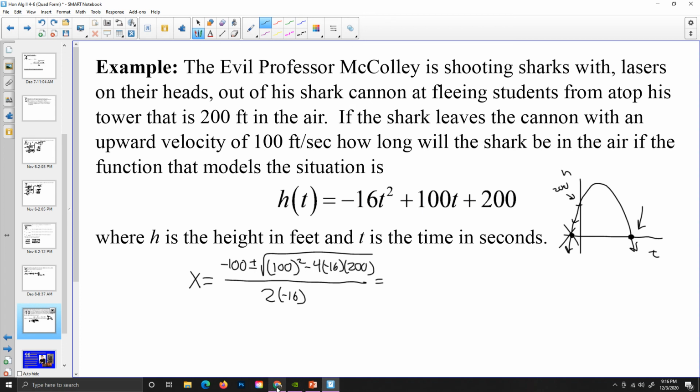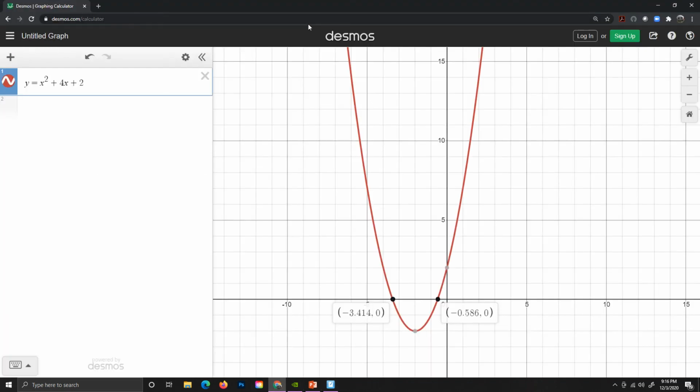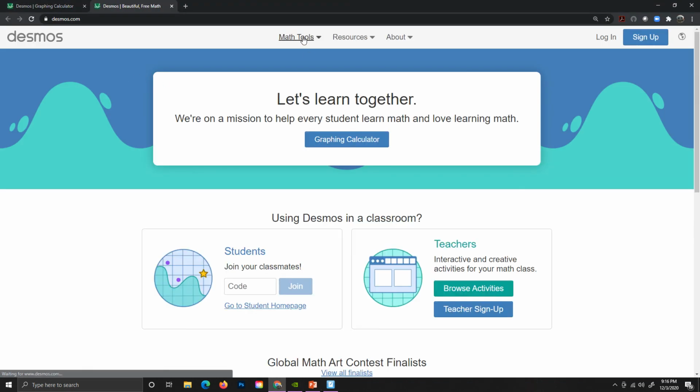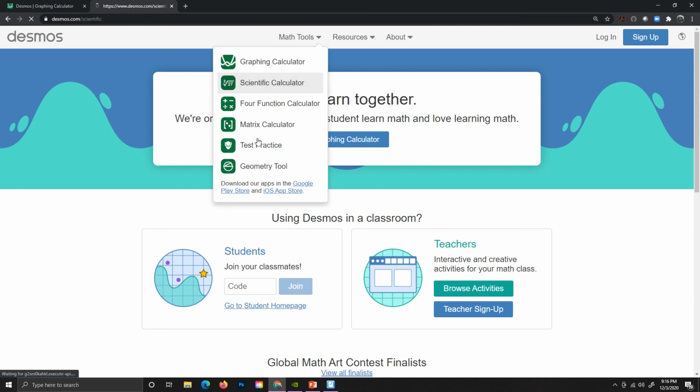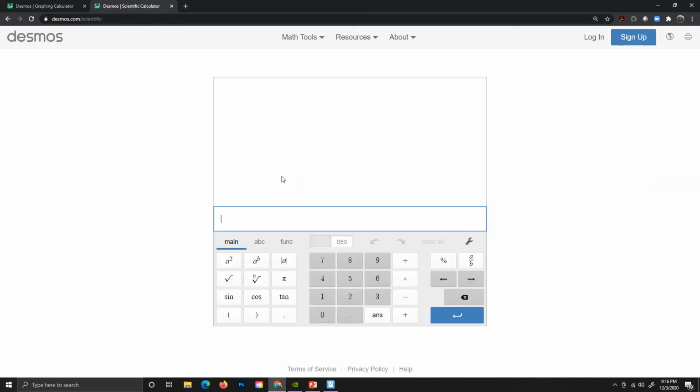I'm going to go back to my Desmos. I'm going to pull up the scientific calculator, and I'm going to start with a parentheses. And so it was negative 100, and we'll start with the plus, we'll hit the square root button.